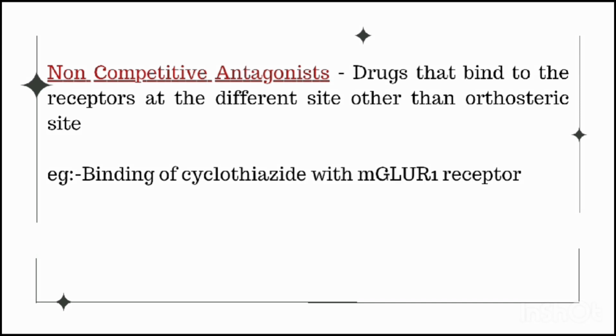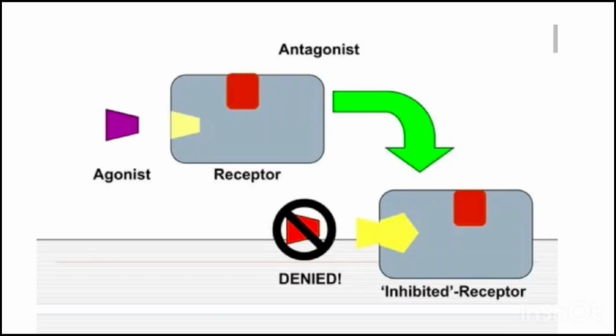Example is binding of cyclothiazide with mGluR1 receptor. So this is the non-competitive type, where they bind to another site. Here you can see the red is binding to a different site other than the normal agonist, yet they are able to stop the action of the receptor.